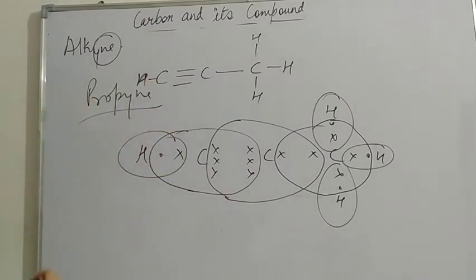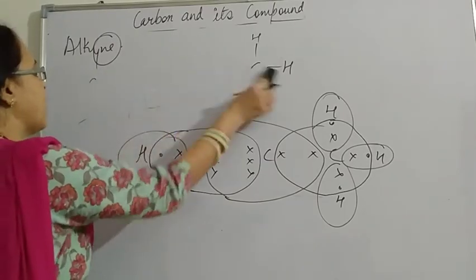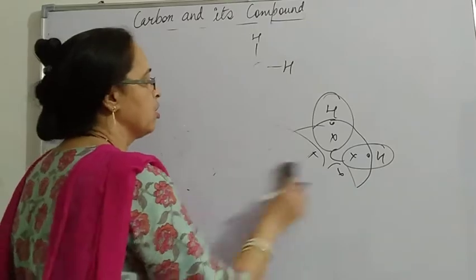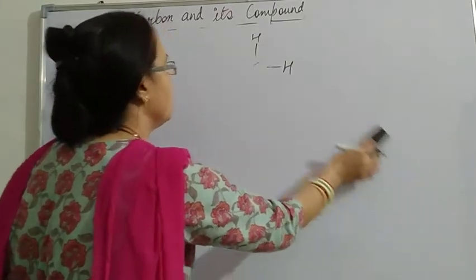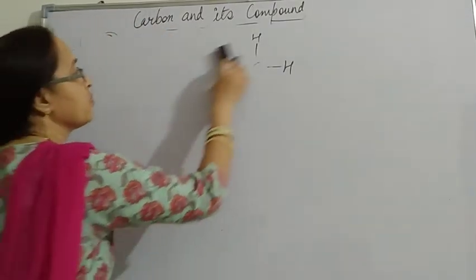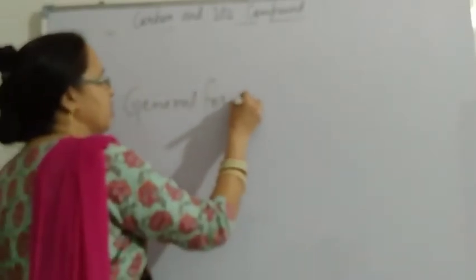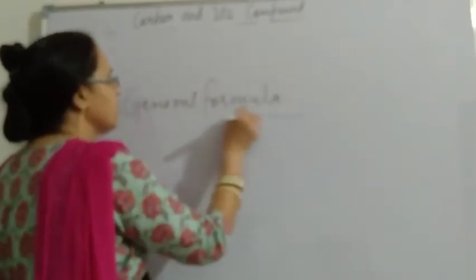Okay. Now we'll discuss how we can find the number of hydrogens, or the molecular formula of the compound. This is just because you have to remember the general formula, where we can write down the number of carbons and know the number of hydrogens.